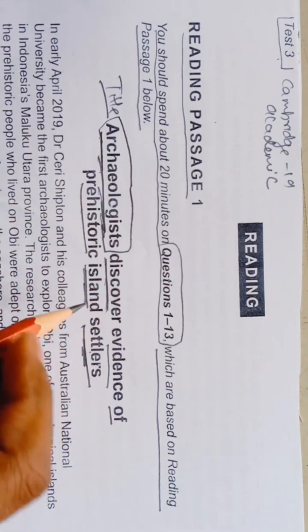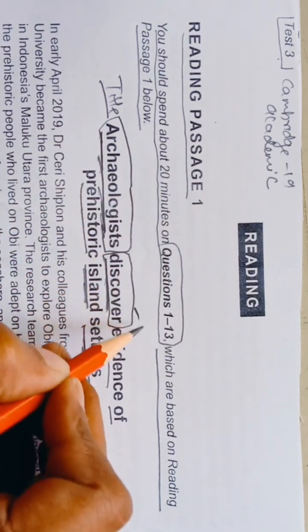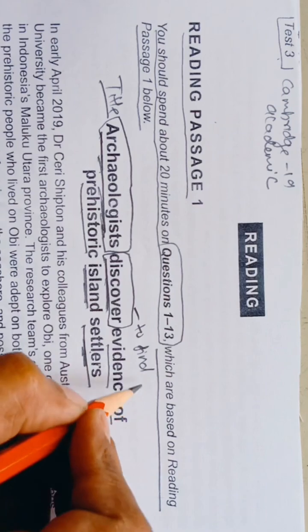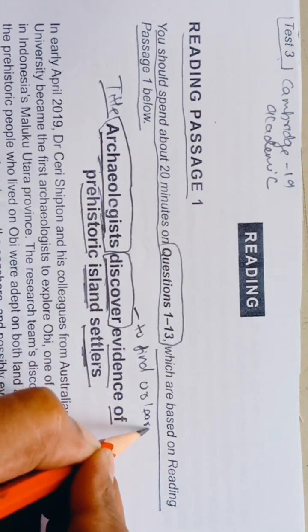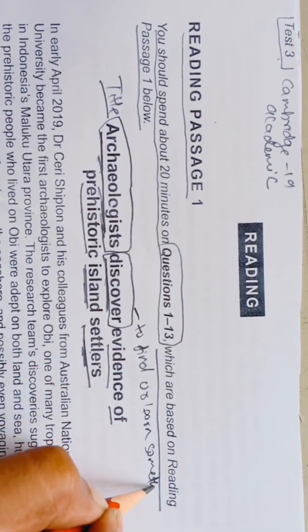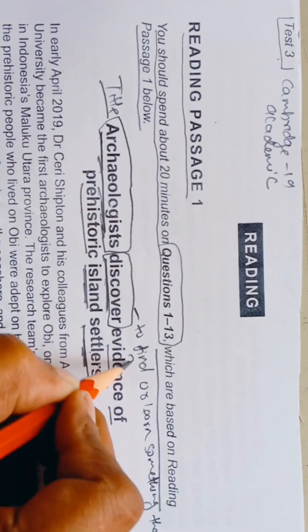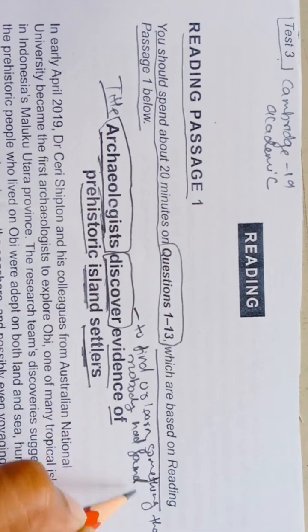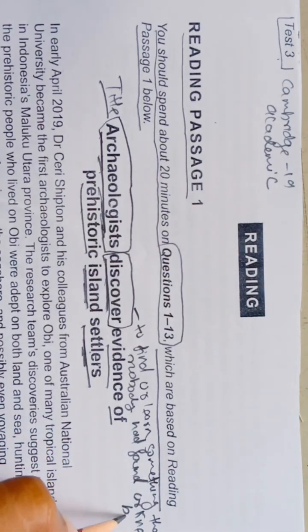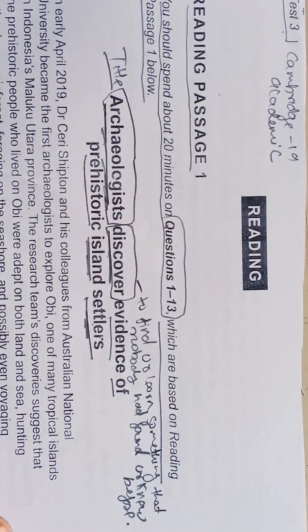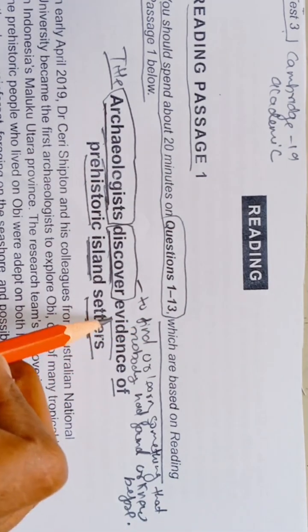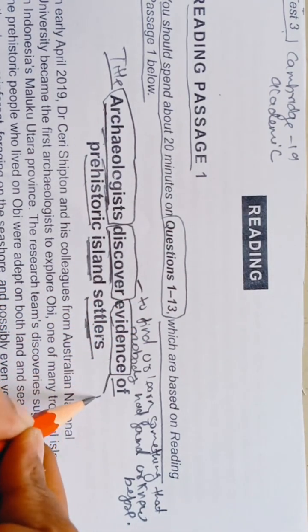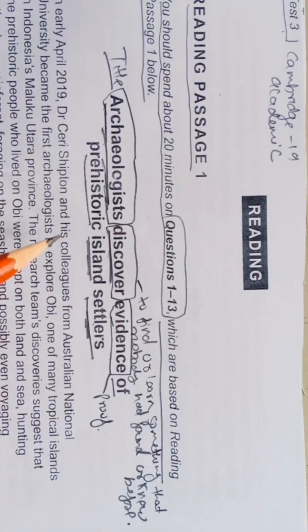Discover means to find out, to find or learn something that nobody had found or knew before. Evidence means proof. So, the title of the passage is Archaeologists Discover Evidence of Prehistoric Island Settlers.